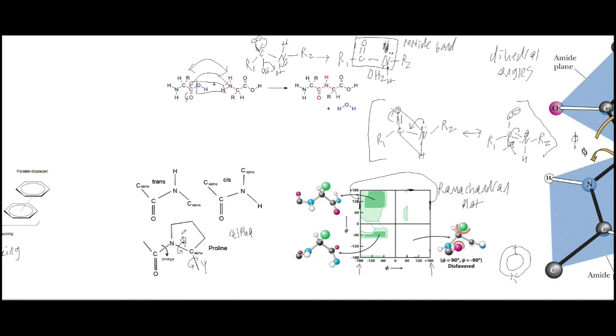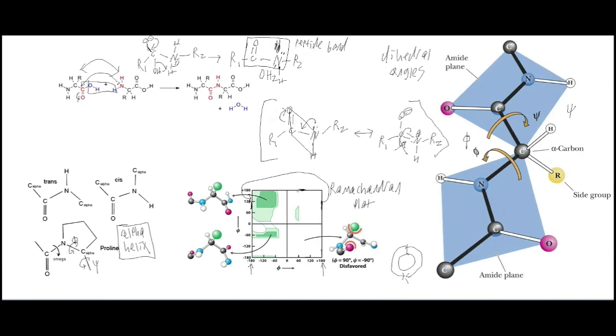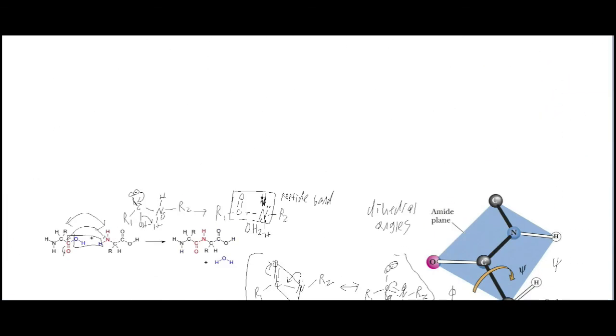So if we find this in a protein, and it's in an alpha helix, it'll be at one of the ends of the alpha helix, because the way that this geometry works, it's not conducive to alpha helix secondary structure, which, like I said, I'll talk about more in the next video.